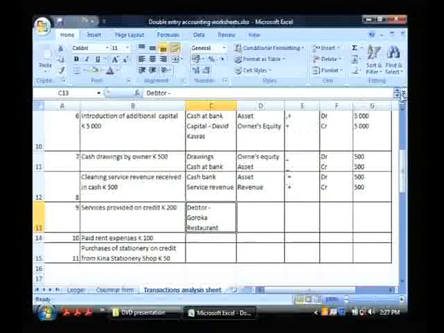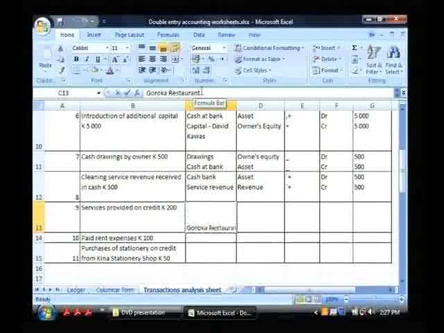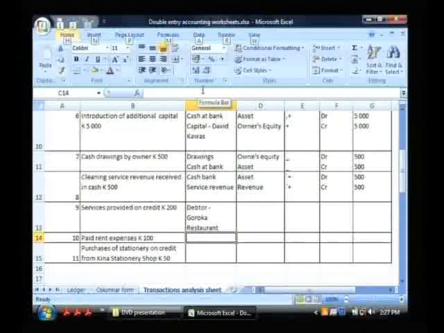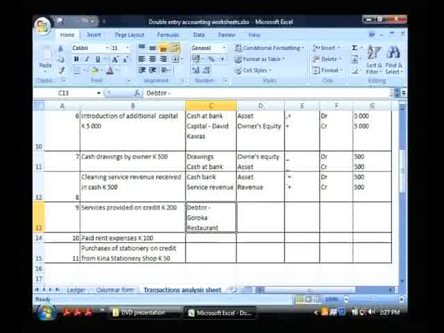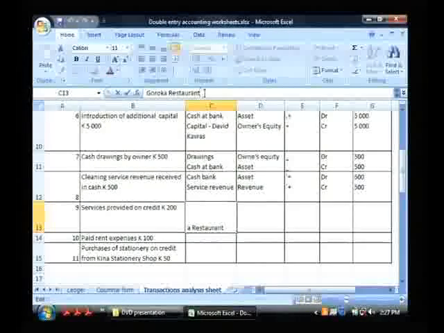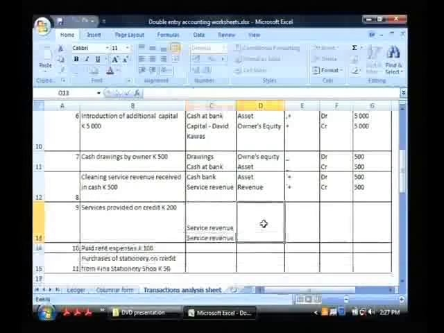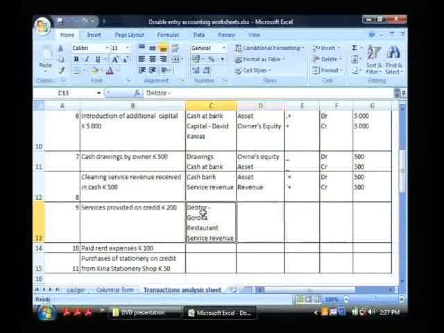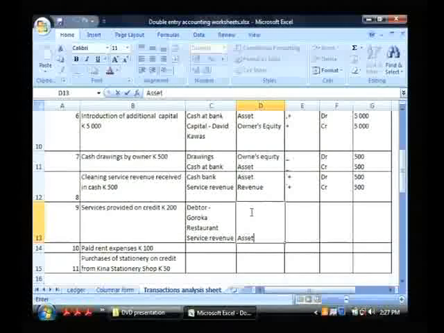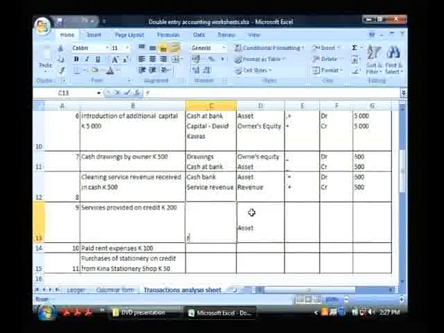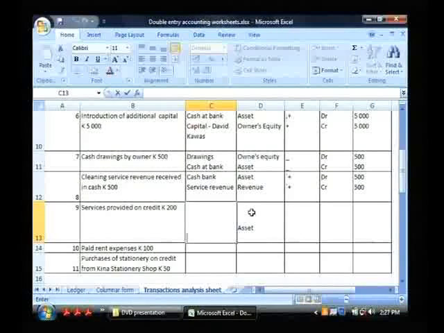Here the second account to be included is the service revenue. Service revenue account, debtor account. These are the two accounts. Debtor is an asset.